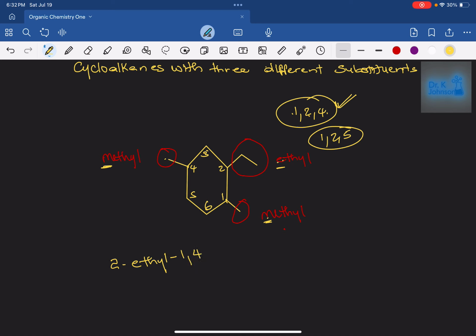That irks me, it doesn't look right. 1,4, and it's two of them, dimethyl. Remember, it's your ring, cyclohexane. And that's your correct name. 6 carbons in the ring. Let's highlight them. That's where hexane comes from.